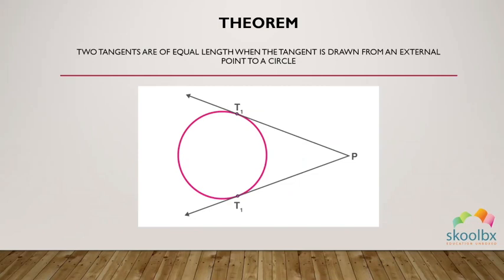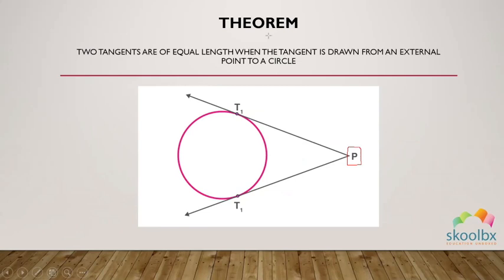So two tangents are of equal length when a tangent is drawn from an external point to a circle. From the circle, there's an external point, some random point somewhere, and that point is P. From that point, you can draw a maximum of two tangents.